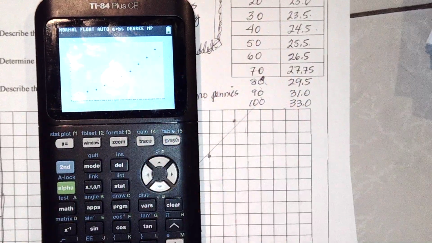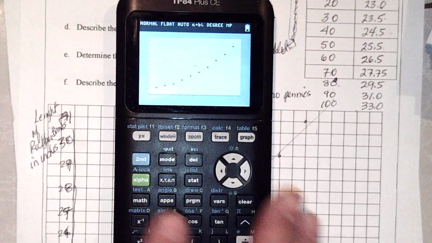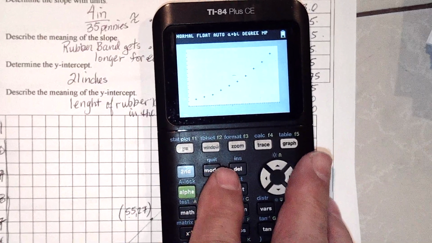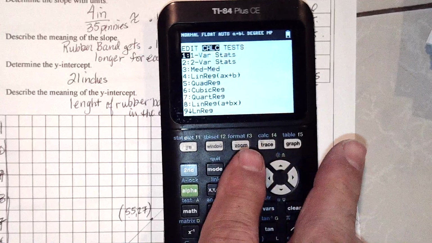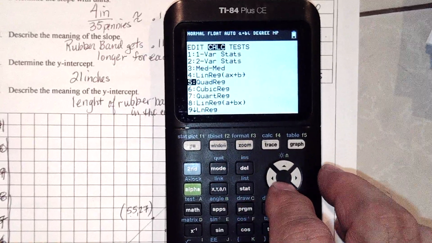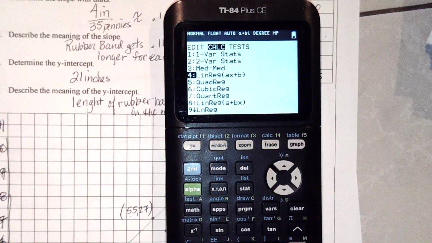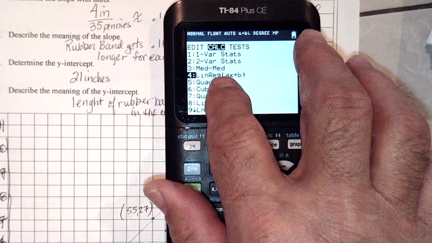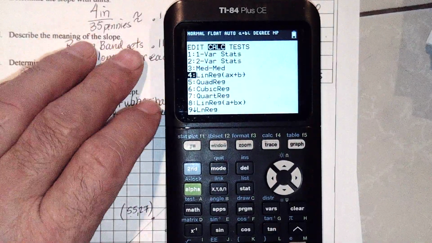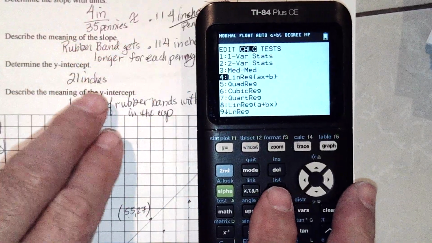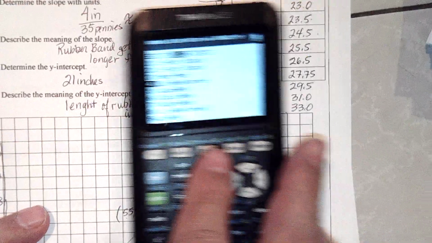Okay, now to have the calculator find the equation, I go to Stat, Calculate, the linear regression model, linreg, where a is the slope and b is the y-intercept. Hopefully we get numbers close to that number and that number.